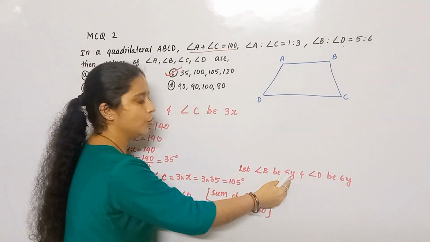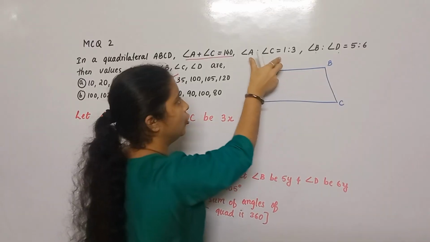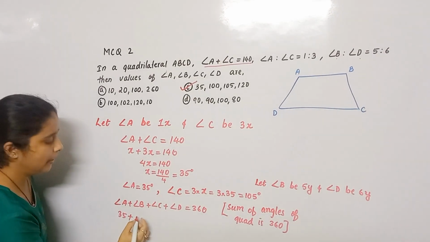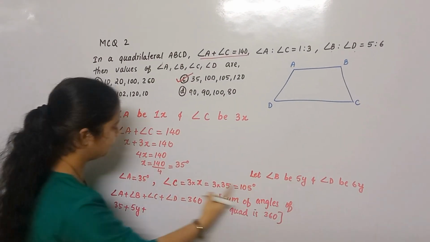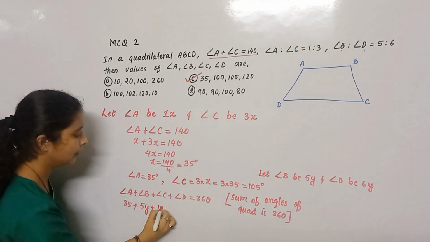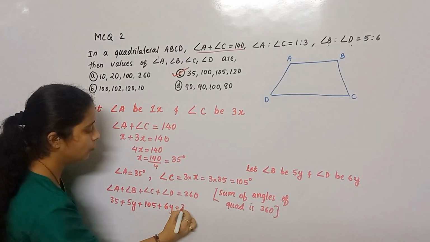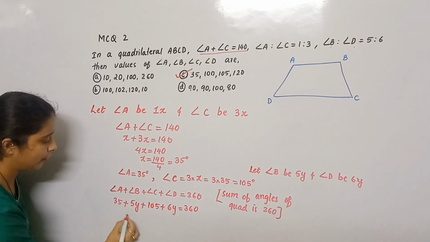Now here I am not associating the same x again because it is not a single ratio, but the ratios are different. So you can say that angle B is 5y plus angle C is 105 and angle D is 6y. This is equal to 360. So it is just a matter of solving and getting the value of y.